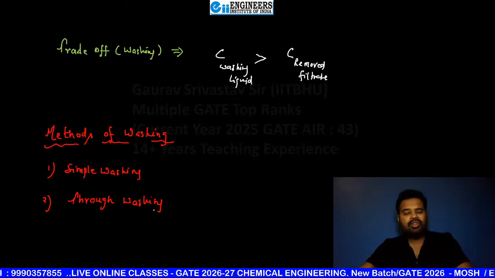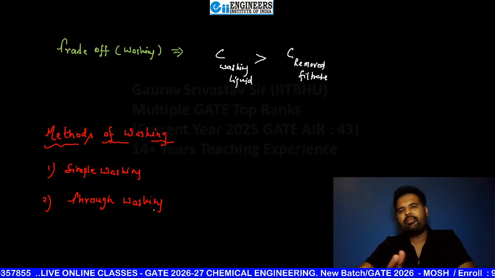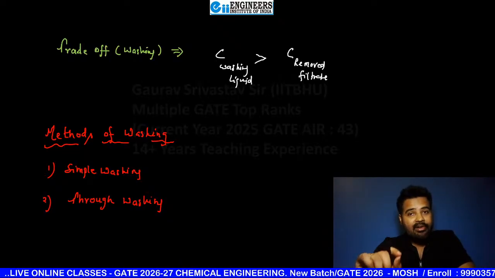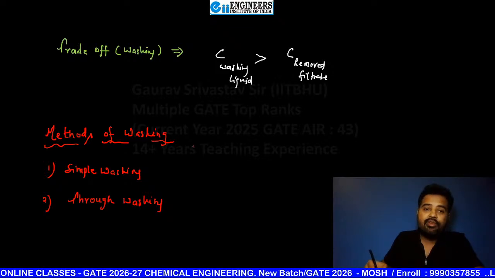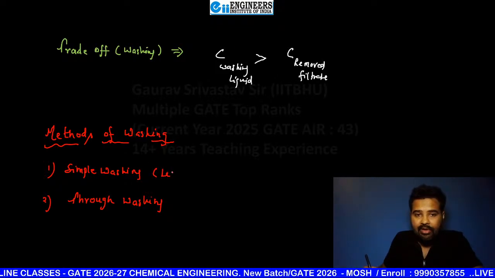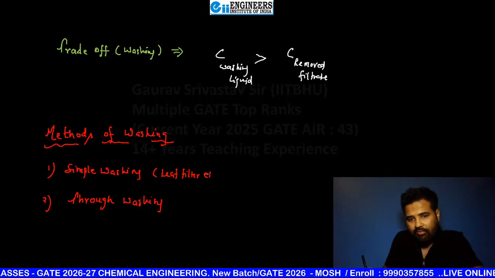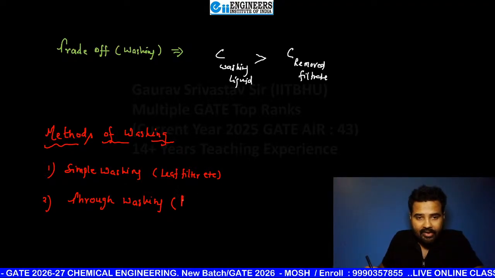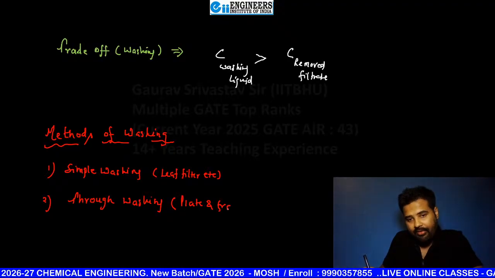Simple washing is generally used in all types of filters like rotary drum, leaf filter, all filters except plate and frame filter press. The first one is used in leaf filter and all the other filters that you have seen here, and this one is used in plate and frame filter press.